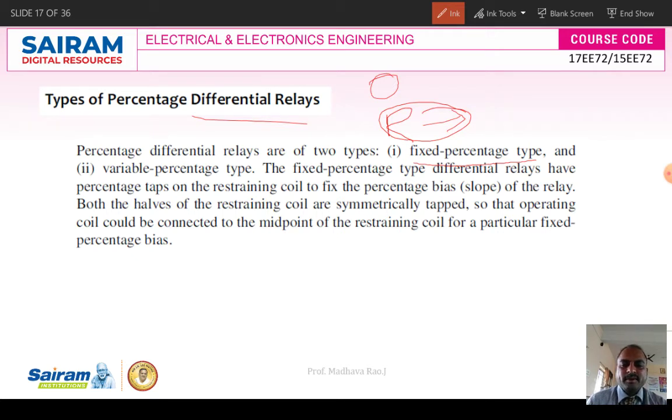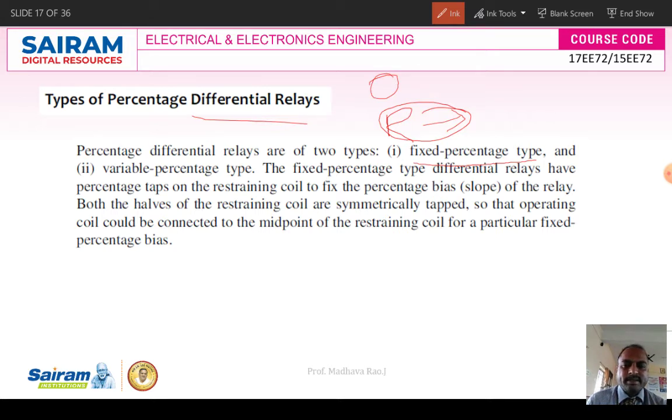Both the halves of the restraining coils are symmetrically tapped. The two transformers will have two restraining coils, and in between the two restraining coils one operating coil is connected. The operating coil could be connected to the midpoint of the restraining coil.